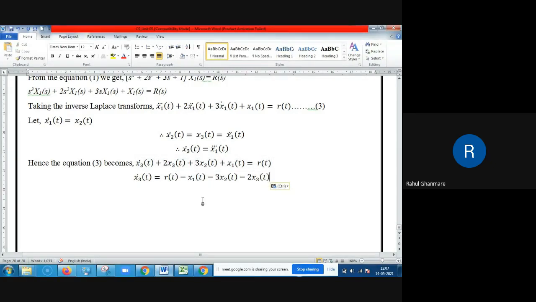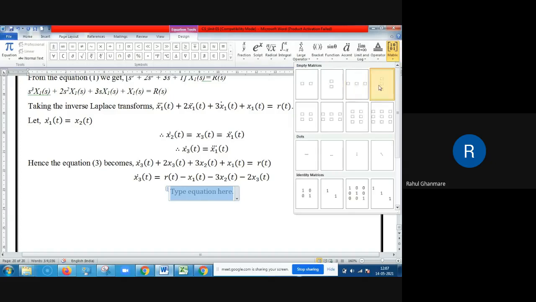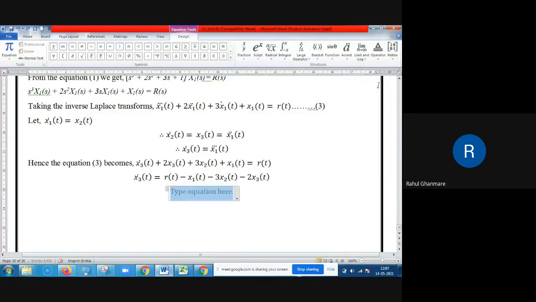For the matrix, here you can see x3 dot, x2 dot, and x1 dot of t. We have three variables, so here we have a 3 by 3 matrix.